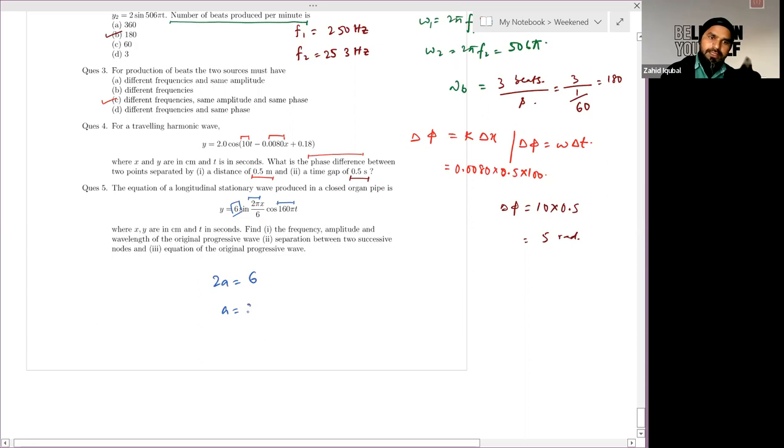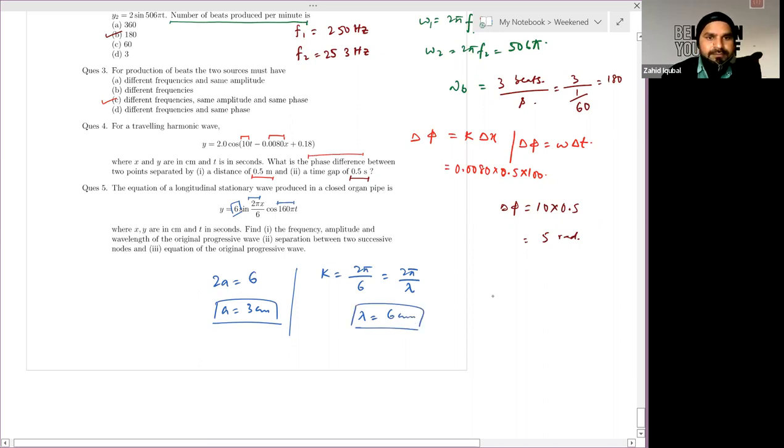So A will be 3 centimeter. K we have 2 pi by 6, which is equals to 2 pi by lambda. So lambda will be 6 centimeter. Amplitude, wavelength, frequency. Omega is 160 pi. So it will be 2 pi f. So f will be 80 hertz.